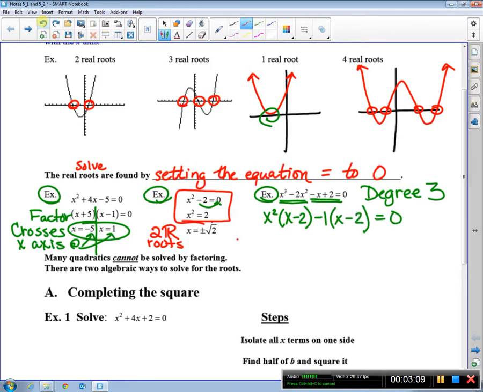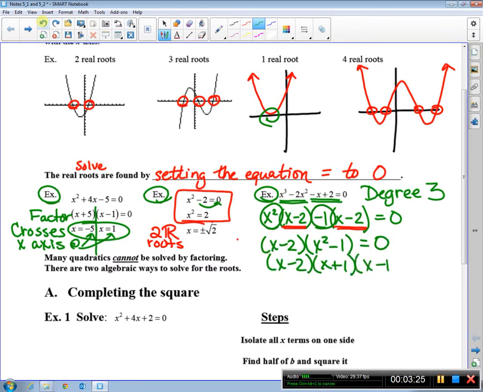Then remember, with grouping, we look for that common factor. Write it down. And then we write down the outsides. Oh, look, we have dots. And lo and behold, we have 3 real roots for our degree 3 polynomial.